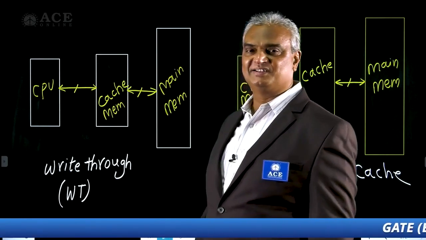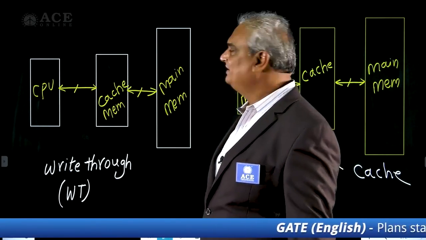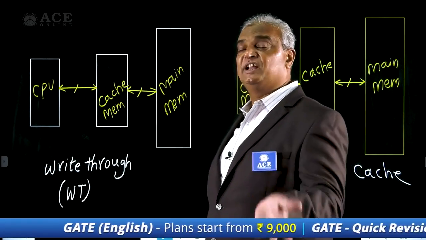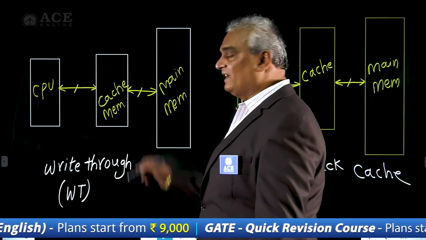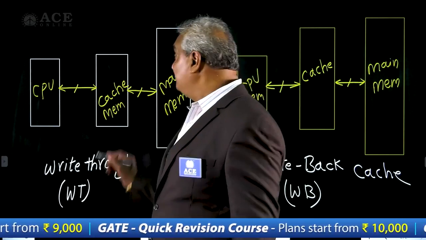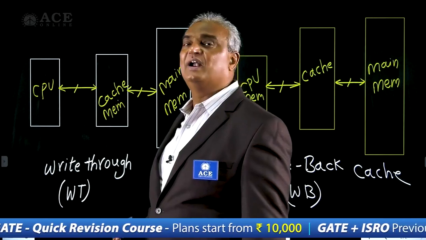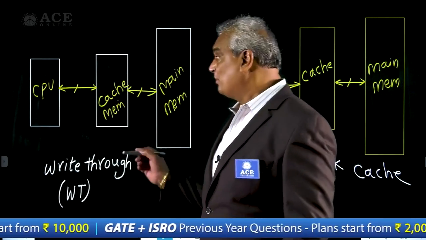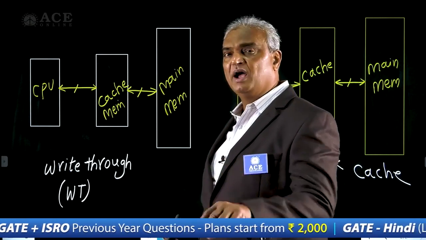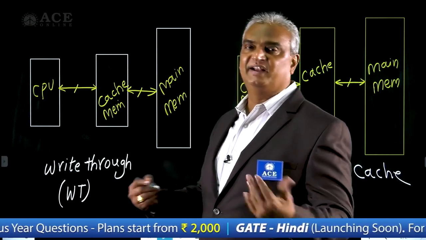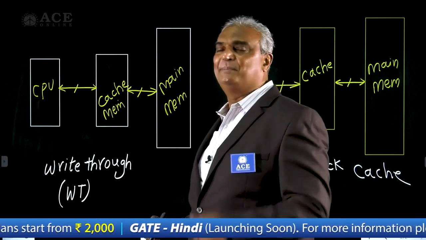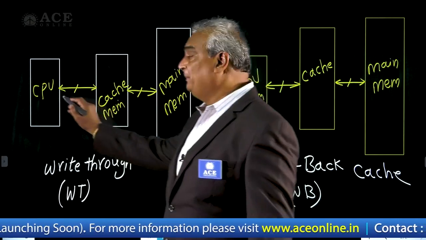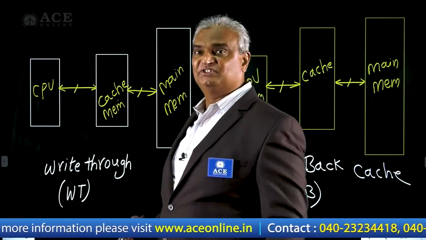A group of data lines is nothing but the data bus. In write through, which type of strategy does it use? When there is a miss in cache memory, what happens? Main memory is involved in the operation, and the processor reads the respective block from main memory. That is during a read operation. During a write operation, what happens? The CPU writes the information.